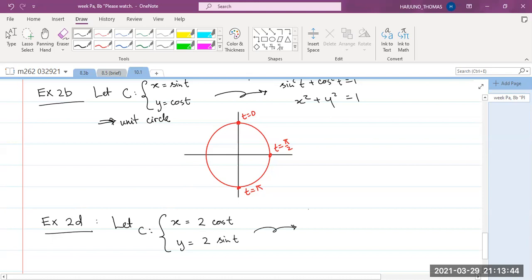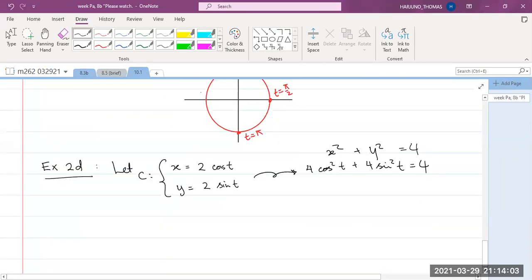We can see here this is actually 4 cosine squared t plus 4 sine squared t. That's equal to 4, right? In other words, x squared plus y squared equals 4. Now that's not a unit circle anymore. That's a circle with radius 2.